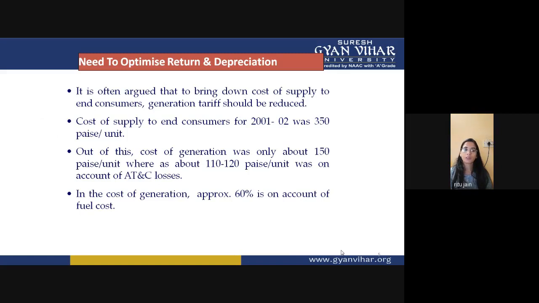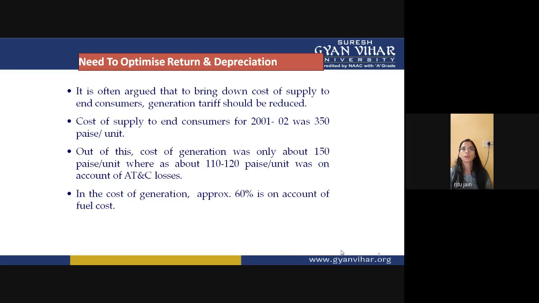So what are the methods by which we can reduce the electricity bills, or cut down the cost of electricity? There are a few methods we will discuss.